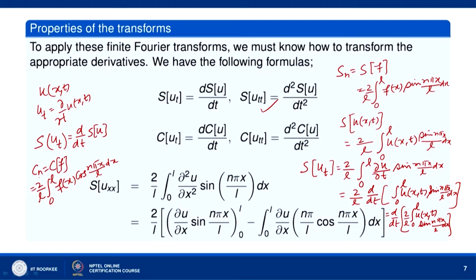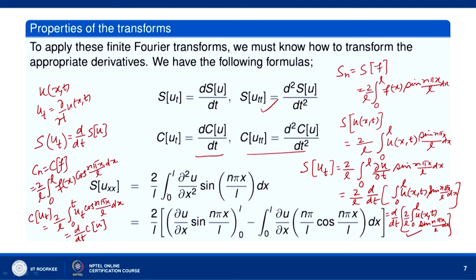So, C of ut we can similarly write: C of ut will be equal to 2 over L integral 0 to L ut cos n pi x over L dx, and this will be equal to d over dt of C of u as we have seen here. Okay. So, we get the same thing, and then here we also similarly get C of utt equal to d square over dt square of C of u.